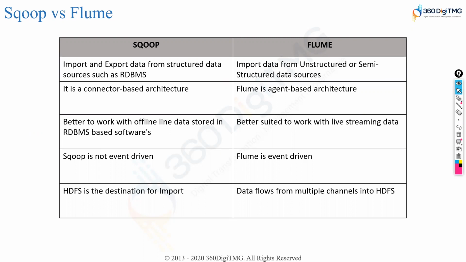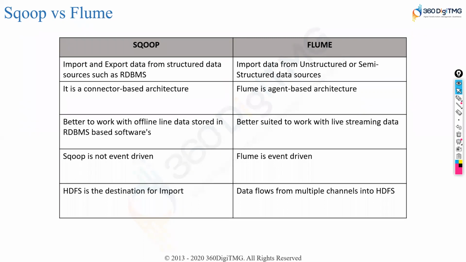Now, when you're trying to import, to load the data from external RDBMS softwares to HDFS, you'll be having one database and one HDFS source. Whereas Flume can extract data from multiple sources also.